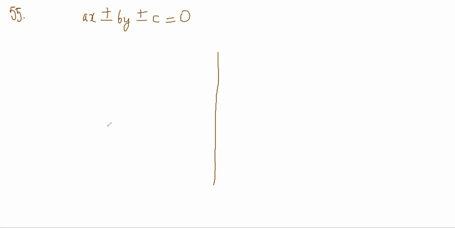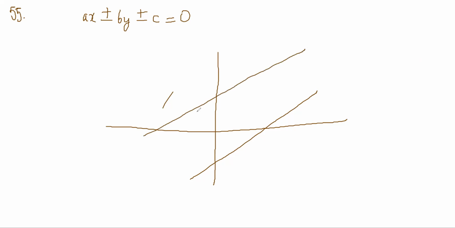Let's say this line is ax plus by plus c. One line is ax plus by minus c. So I am drawing two lines. They are parallel, right? This is ax plus by plus c, and this is ax plus by minus c. And one line is ax minus by plus c and ax minus by minus c, right?